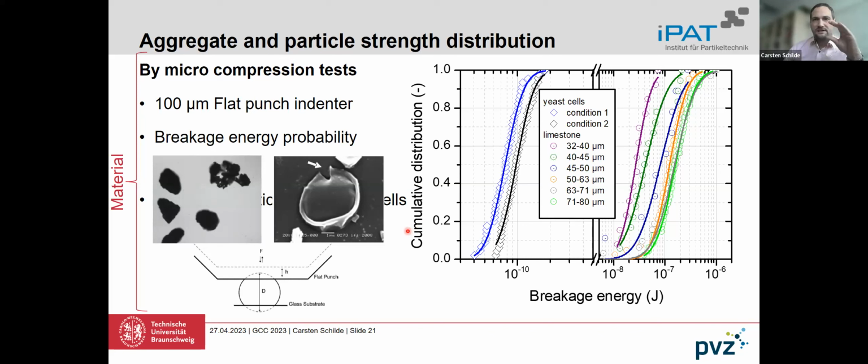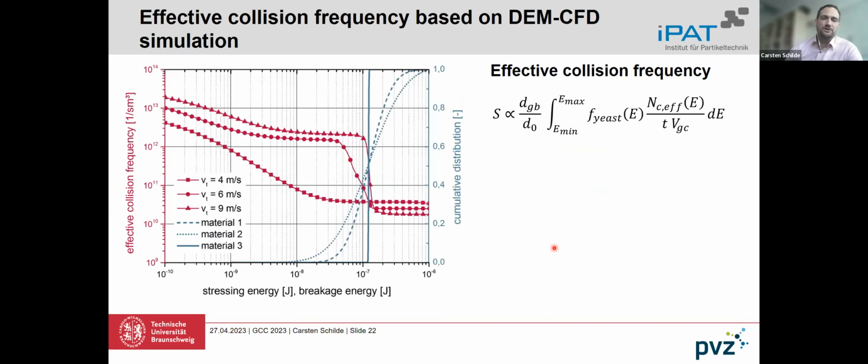We compress them and see when a single cell or a single particle breaks, and at the end we get such breakage energy distributions, on the left side for yeast cells, on the right side for limestone at different particle sizes. Now we use both the stress energy distribution coming from the mill and the breakage energy distribution from our material, and try to combine them.